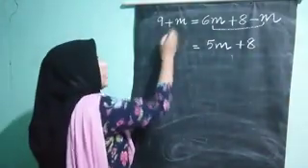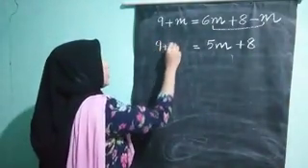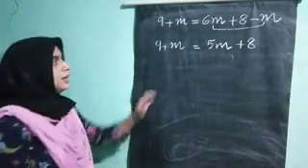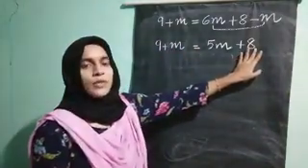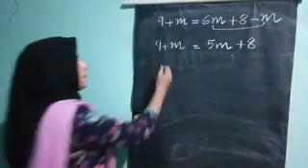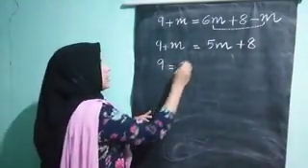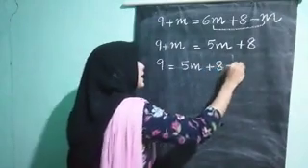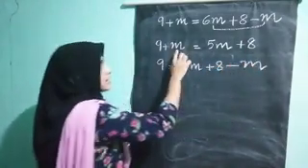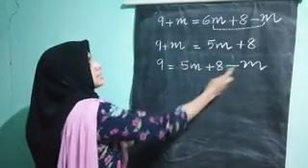Now 9 plus m already here. Now I am transposing m to this side. So plus m will become minus m. So 9 already there. 5m plus 8 minus m. Plus m becomes minus m.